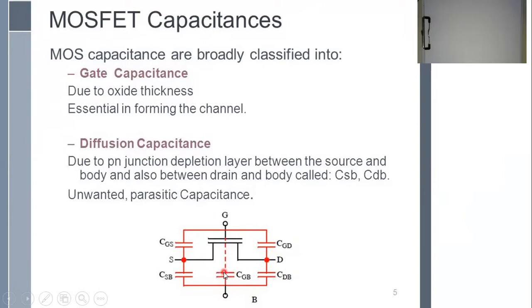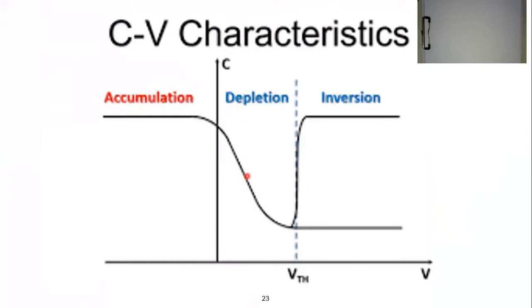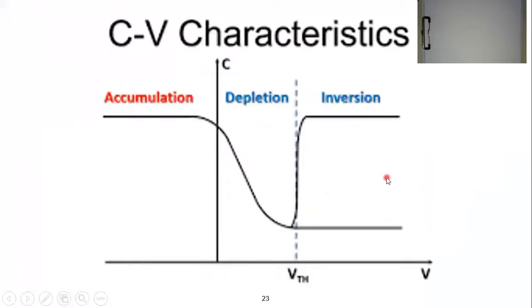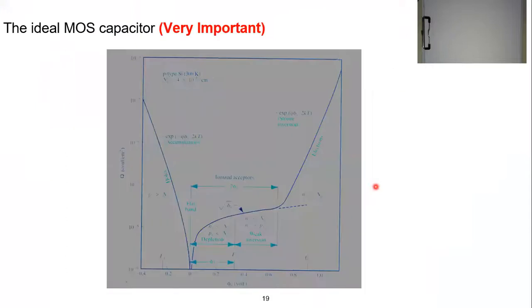That's why for every MOSFET, we have what's called the CV curve, or the variation of the capacitance with voltage, which is somehow similar to this whenever we study the accumulation of a charge.